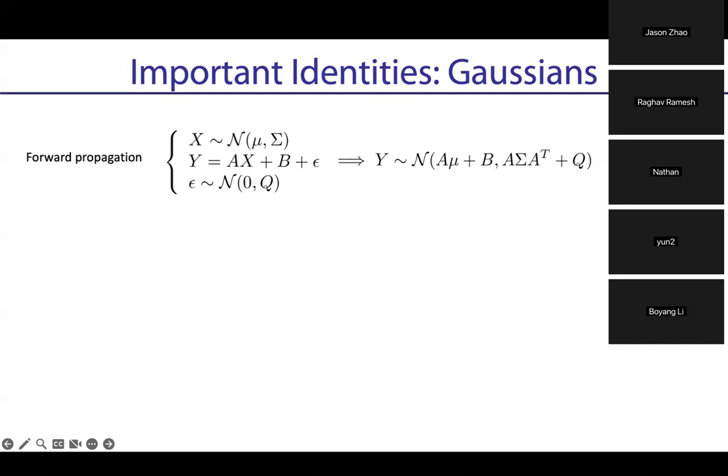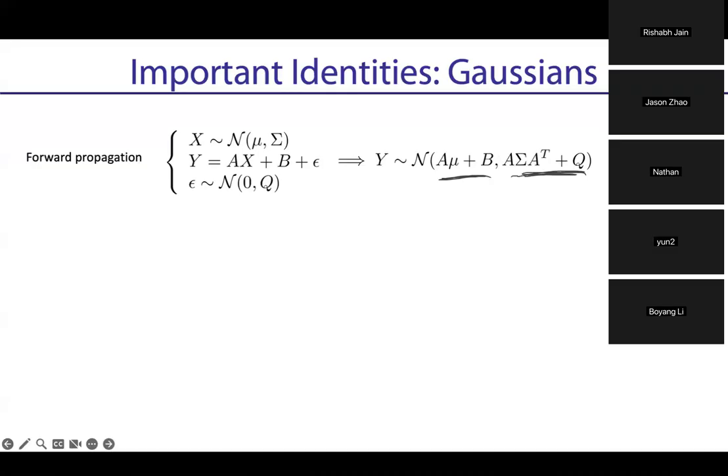So you have some Gaussian X, then some linear function AX plus B plus epsilon, where epsilon is sampled from a Gaussian with center zero, variance Q. That is your forward propagation function. Then if you work out the formal math here, you can show that you can sample y from a Gaussian with mean A mu plus B and variance A sigma A transpose plus Q.